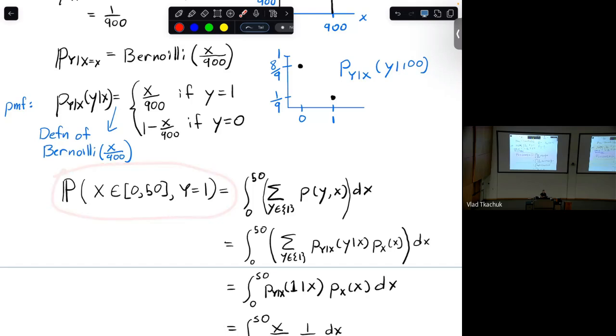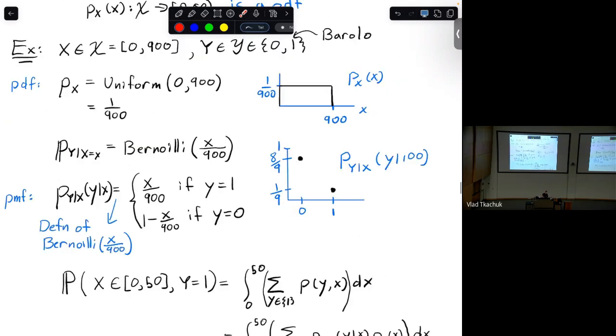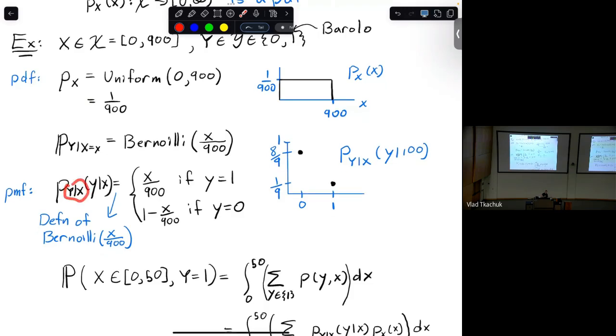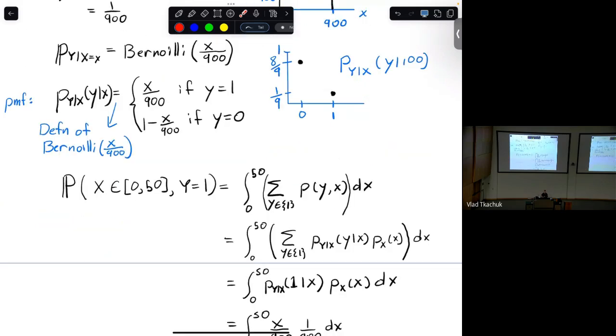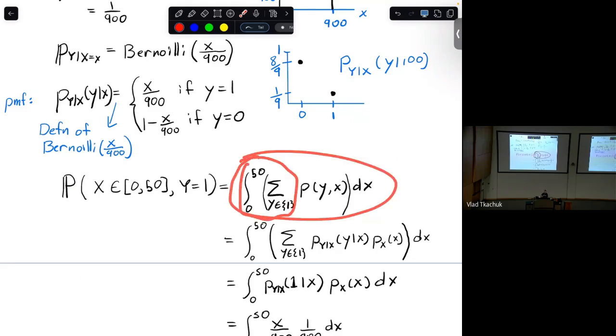And that person also says, I'll give you the corresponding PDF for X, the amount of the chemical, and I'll give you the conditional of Y given X, the conditional of the wine given the amount of chemical. You calculate this for me, and then you write out this thing, which is just writing out the corresponding event over integrating and summing.